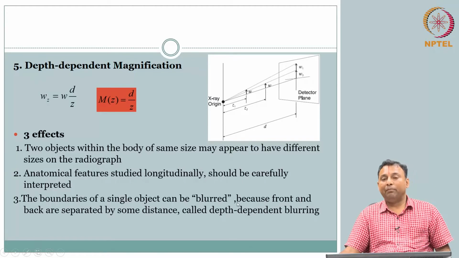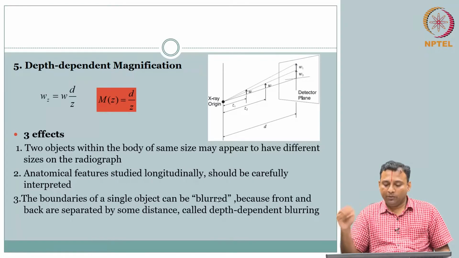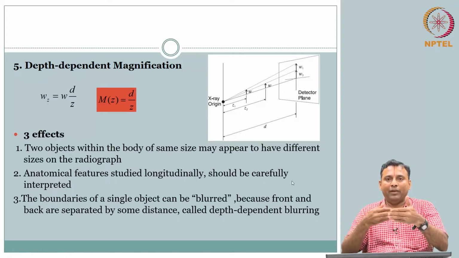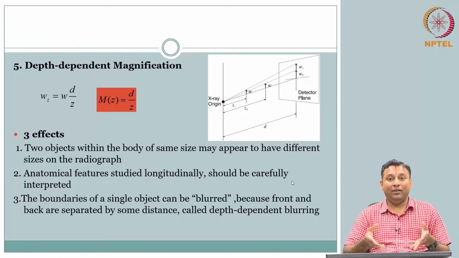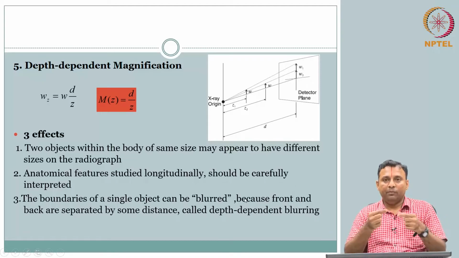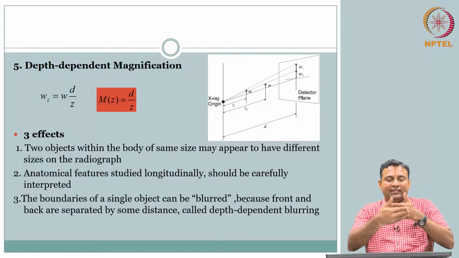Then, in the big picture, this is a bigger problem: boundaries of a single object can be blurred. How is that possible? Because you have a 3D object, you have a front end, you have a back, right? There is a thickness, you talk about the slab, right? Now what this is saying is, the front face of the slab is at one distance and the back face of the slab is at another distance.